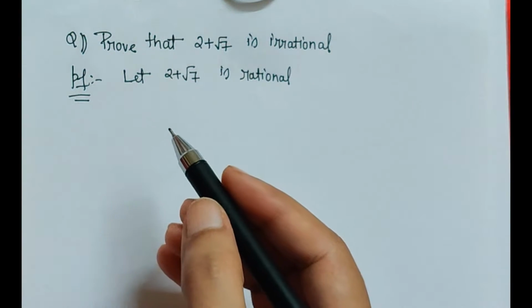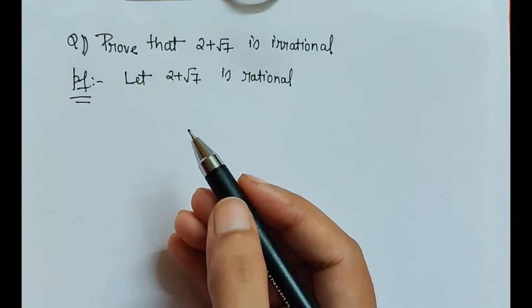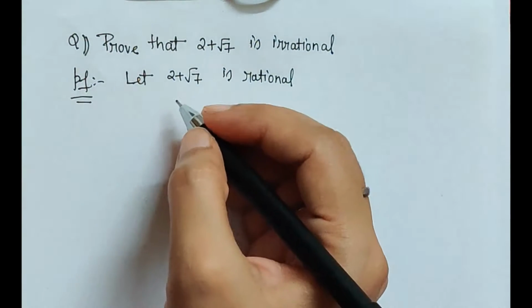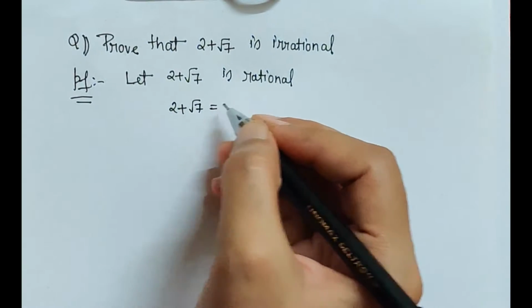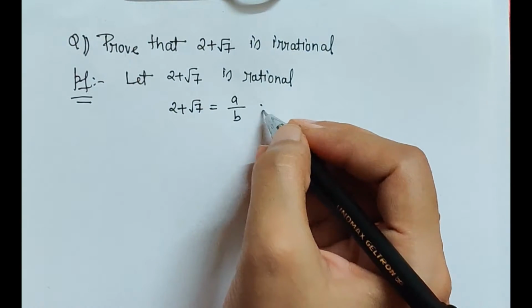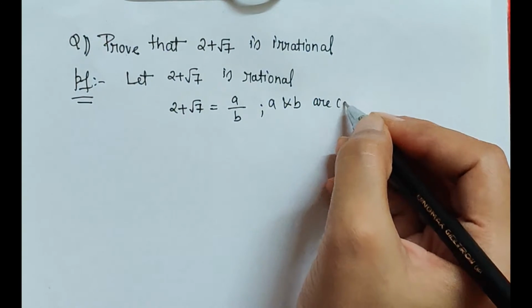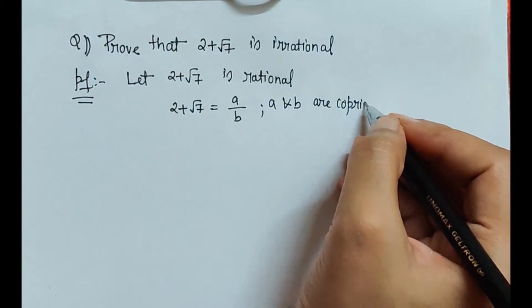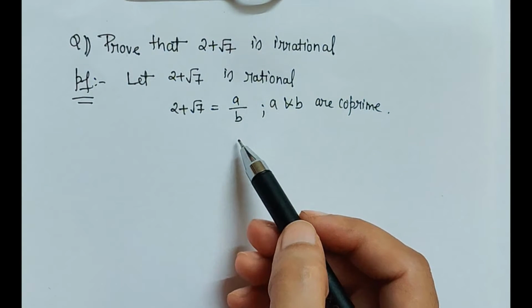So here we have assumed 2 plus root 7 is rational. If something is rational, of course that thing can be written as a by b, where a and b are co-prime. That means there is no common factor between a and b.